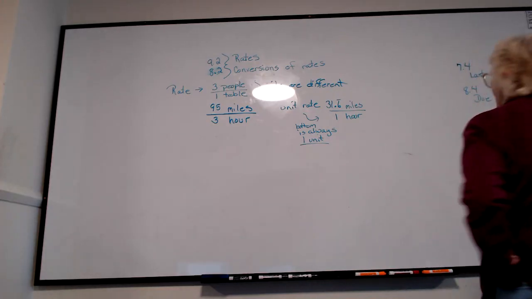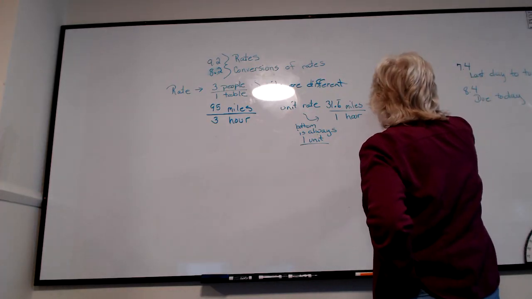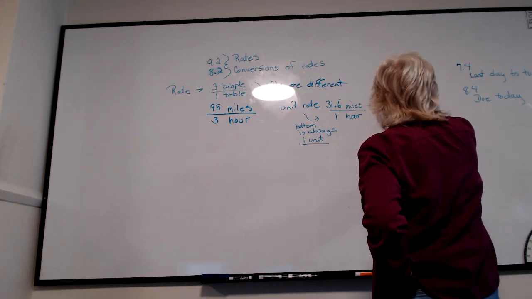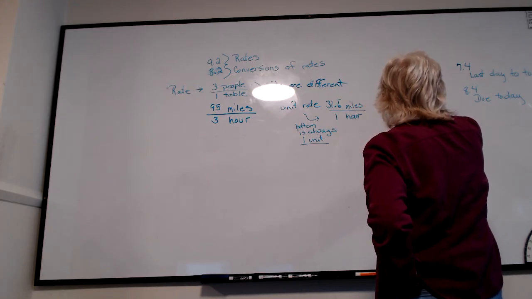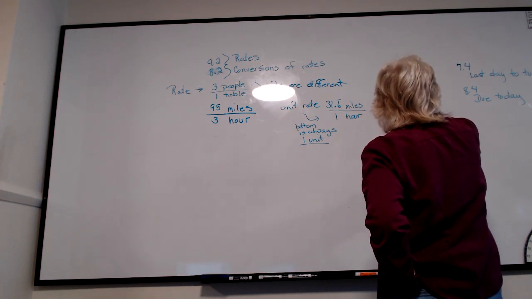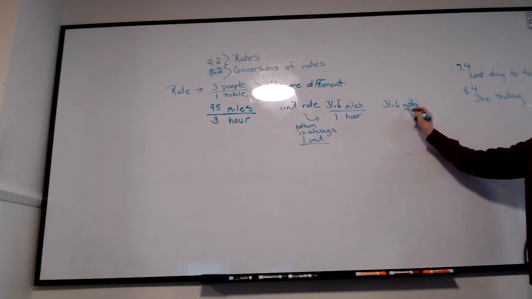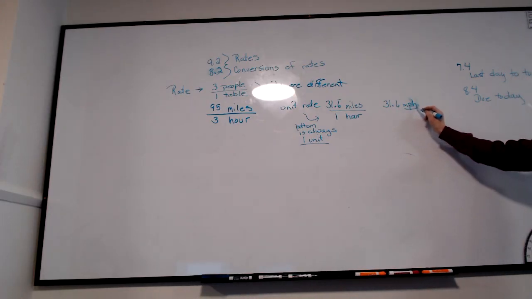So what we normally say when we abbreviate it, it's 31.6 miles. Well, actually what we say is per hour. This is really saying how many miles per 1 hour.